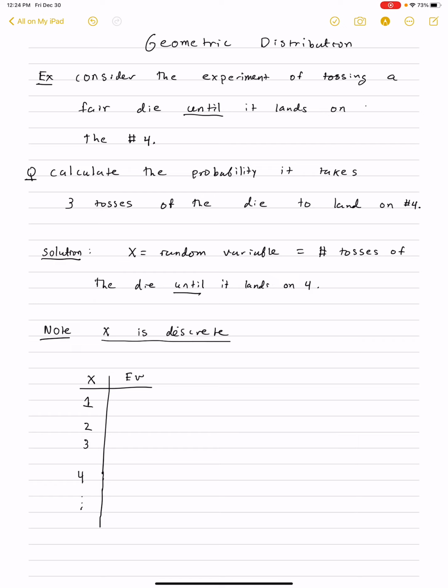Let's complete this table. And let's note one other thing. There's a probability of success. That success is the probability the die lands on 4.